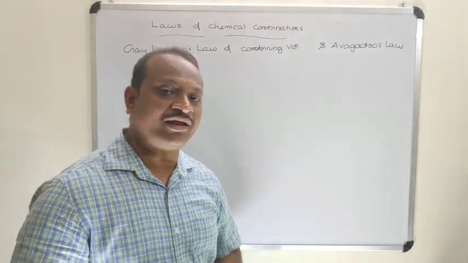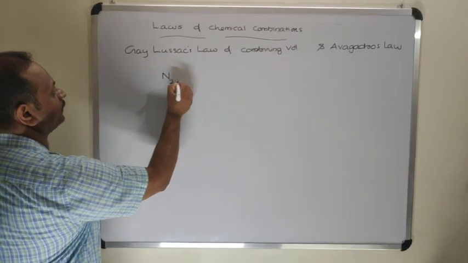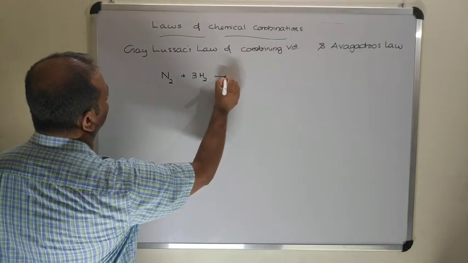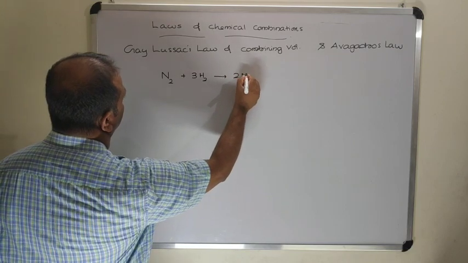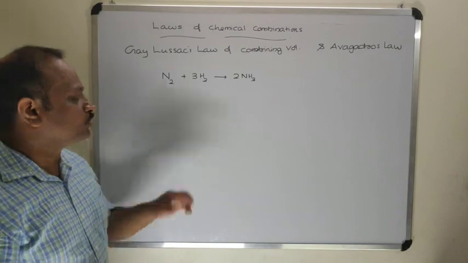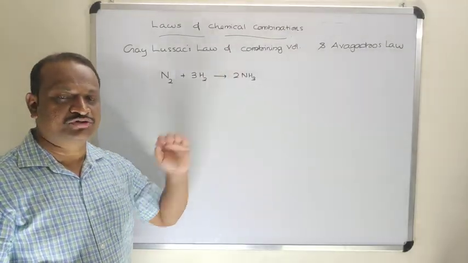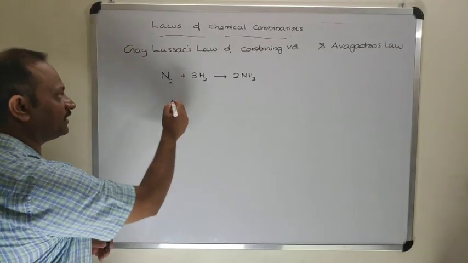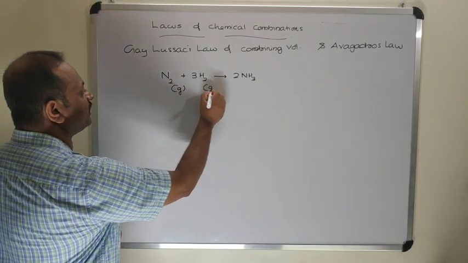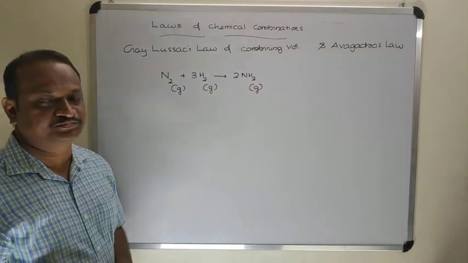I am considering one reaction here, N2 reacting with 3H2 gives 2NH3. In this reaction, nitrogen is a gas, hydrogen is also a gas, and ammonia is also a gas. So nitrogen and hydrogen are gaseous reactants, and ammonia is a gaseous product.